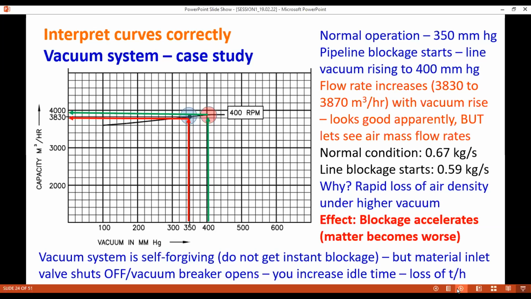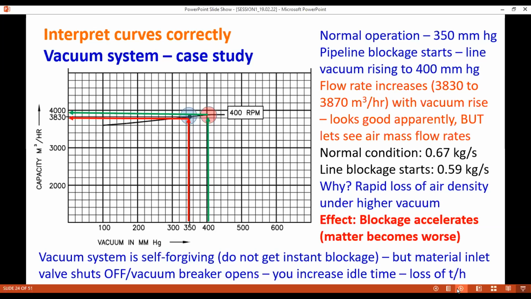But again, in the plant, if you do this auto start-stop thing, which typically is already in the interlock, that if the vacuum goes up to a certain, say 350 or whatever, 375 millimeter mercury, the material outlet valve of the ESP hopper is going to stop. It's going to close. So you might think, okay, my system is running, it is not blocked, I have the interlock. But then what happens, because of that many start and stops, you are losing valuable time for conveying.